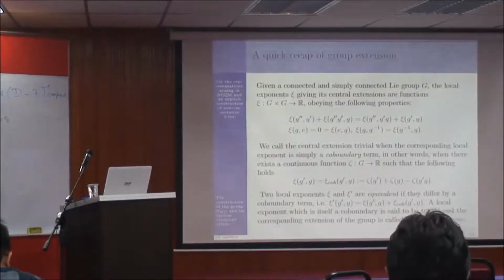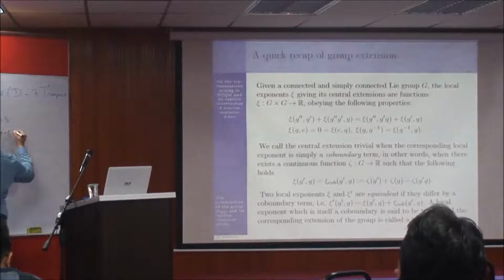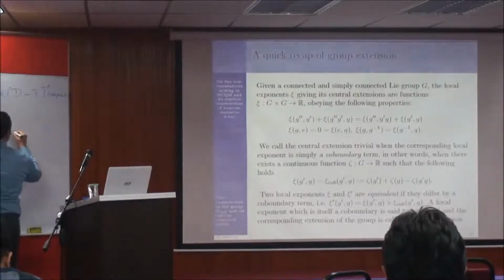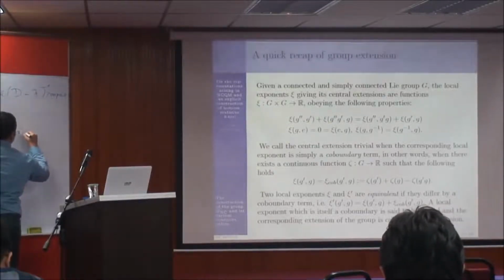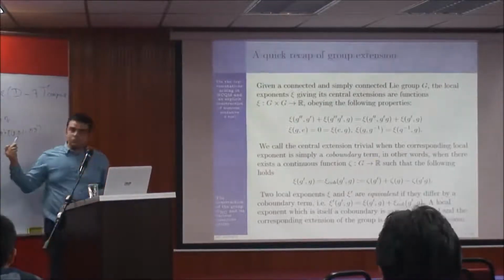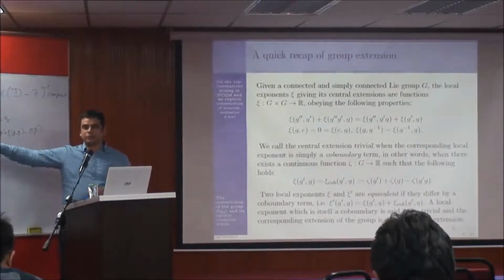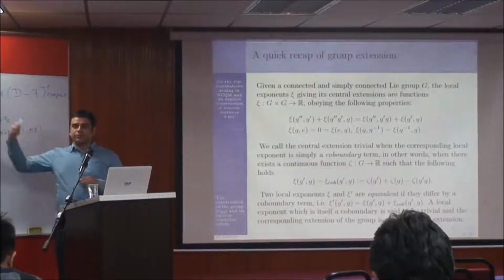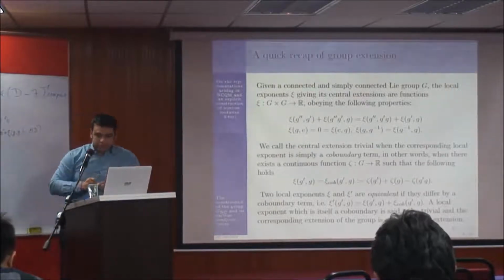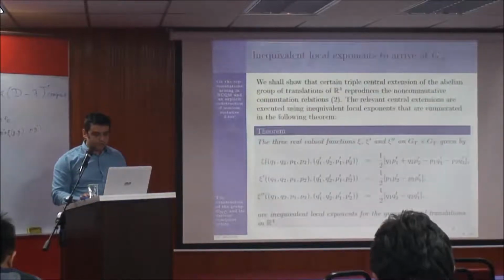The group multiplication of the centrally extended group is given by theta plus theta prime plus this cocycle of G and G prime. So we'll be focusing on the actual representations of this centrally extended group, which means that we are trying to find the projective representations of the abelian group. Good. Now we move on to the next slide.